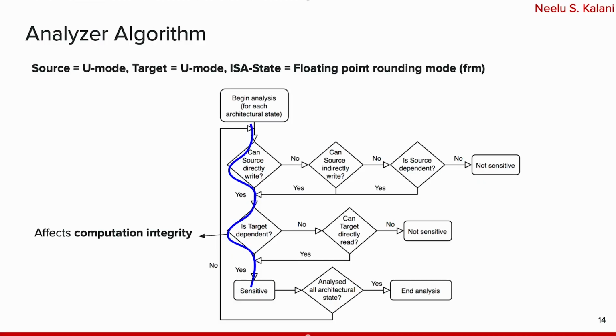Then for the floating point rounding mode register, FRM, since the source security domain has access to write it with user mode privileges, and the target security domain's execution of all the floating point operations depends on the value of this rounding mode, not swapping this state during the context switch can affect computation integrity in the target security domain. So the algorithm marks this register to be swapped across context switches from user mode to user mode.